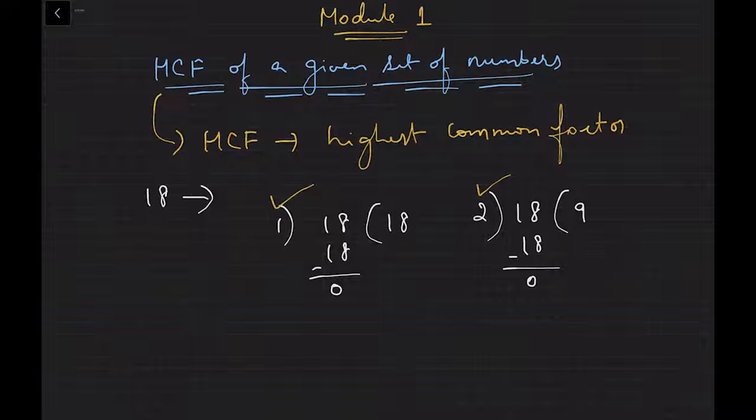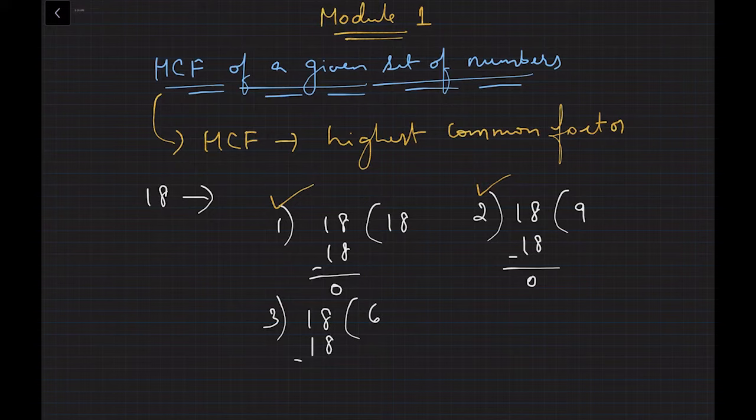Let's check if 3 is a factor of the number 18. 3 is the divisor, 18 is the dividend. 3 sixes are 18. Again we get 0 as the remainder. Therefore 3 divides 18 completely. Hence 3 is a factor of 18.